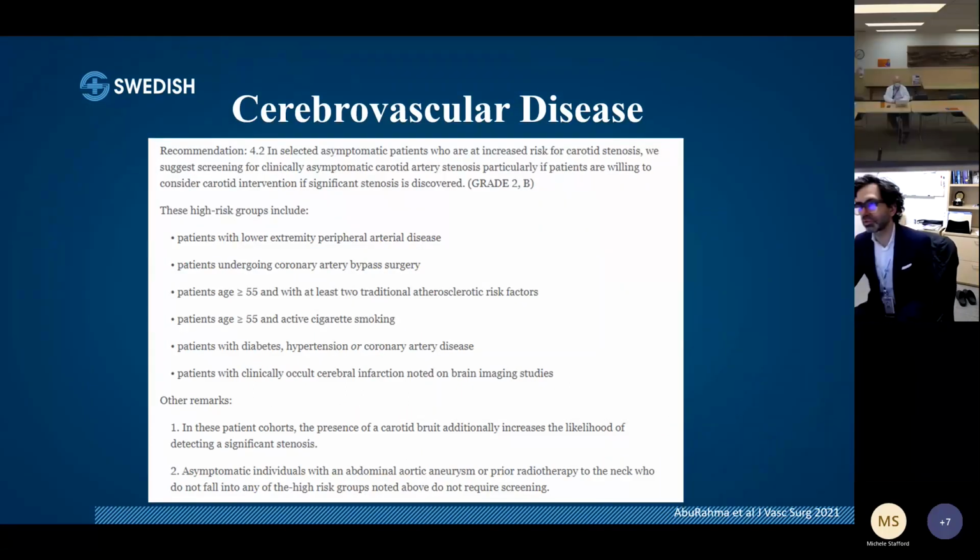And again, here's just the high-risk groups. So what you kind of would expect: people with prior arterial disease in other vascular beds, people over age 55, again, you're getting age, and then their risk factors, either smoking or hypercholesterolemia, hypertension, diabetics, people with aneurysms, as aneurysms are part of that.